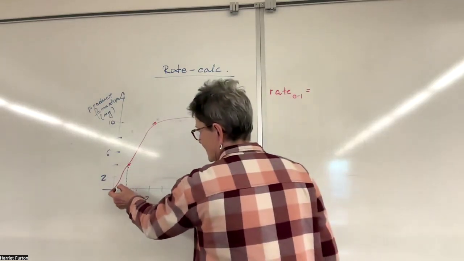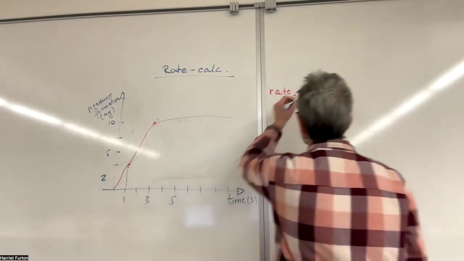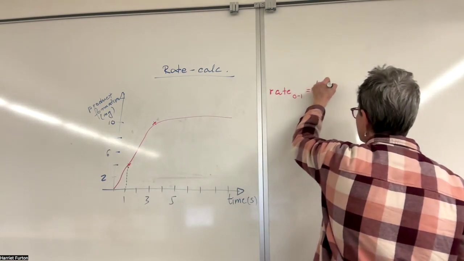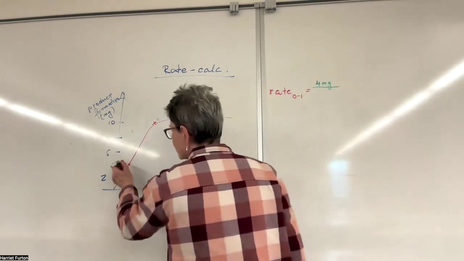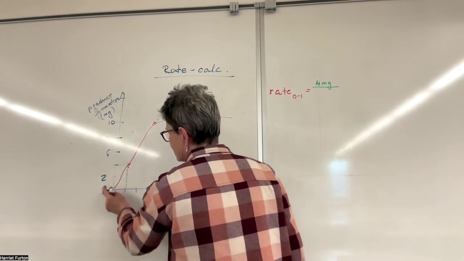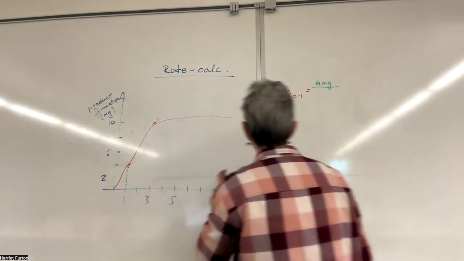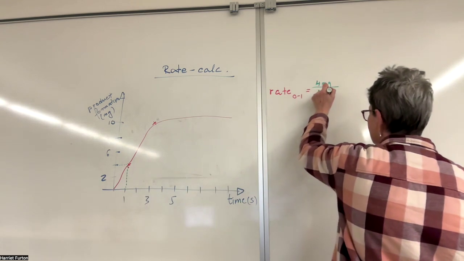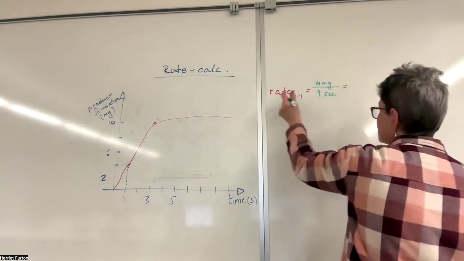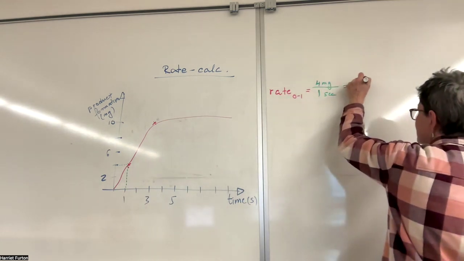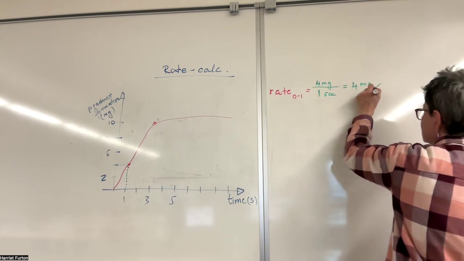How many did it rise? 4 milligrams rise over the run. How many seconds was that? That was 1 second. So pretty much the rate is 4 milligrams per second.